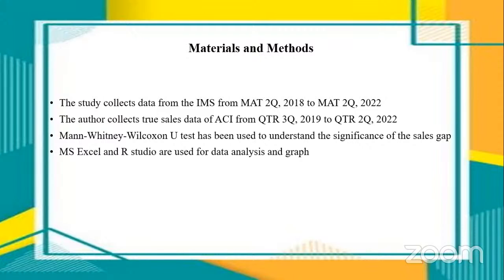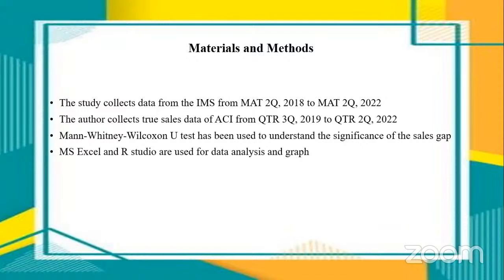Now, materials and methods. The study collects the data from IMS from MAT 2Q 2018 to 2Q 2022. The study collects the actual sales data of ACI, Advanced Chemical Industry, one of the leading firms in the pharma industry in Bangladesh, from the ACI management, from quarter 3Q 2019 to quarter 2Q 2022.